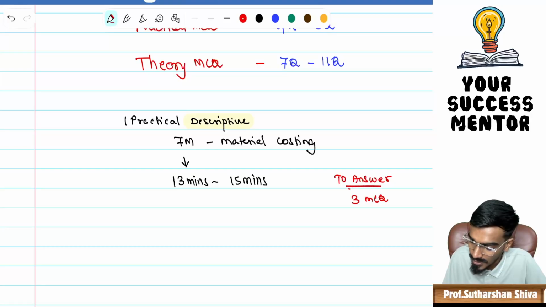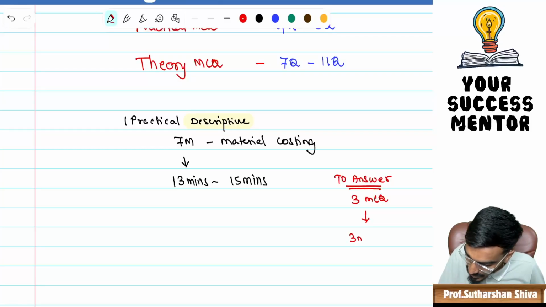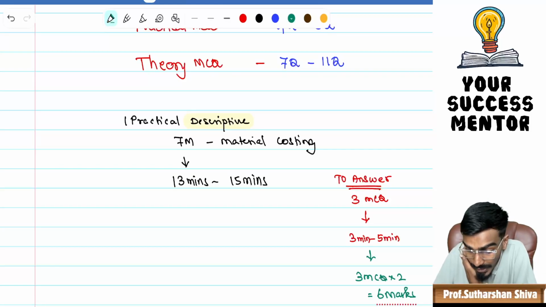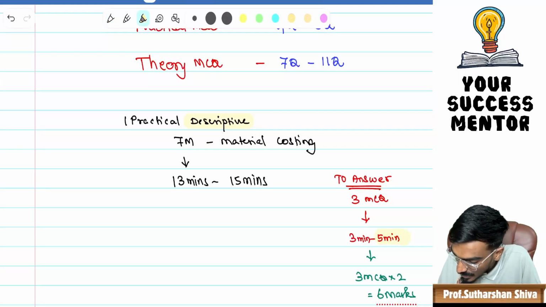At the same time, to answer 3 MCQs, what is the maximum time? 3 minutes, maximum 4 or 5. So by taking 3 to 5 minutes, how many marks do you get? 3 MCQs into 2 marks, which comprises 6 marks.